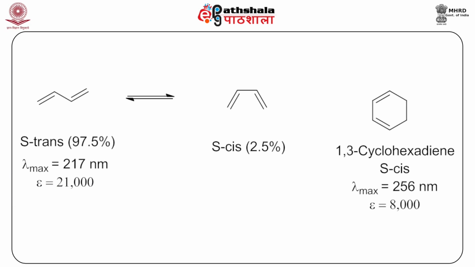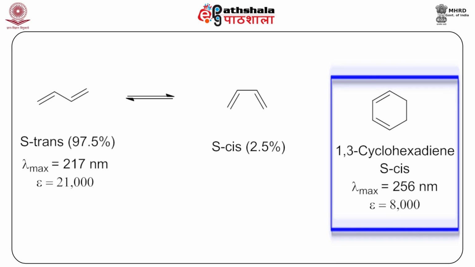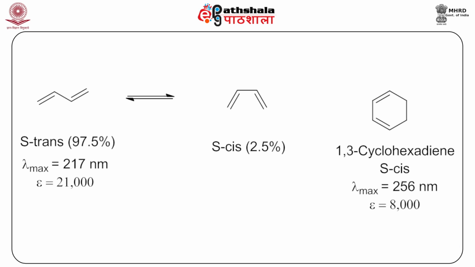Thus, when this diene becomes a part of a ring system, as in 1,3-cyclohexadiene, it is forced into a cissoid conformation because it has attained a ring structure. The wavelength of absorption is shifted to longer wavelengths and the intensity is lowered in comparison with acyclic dienes.